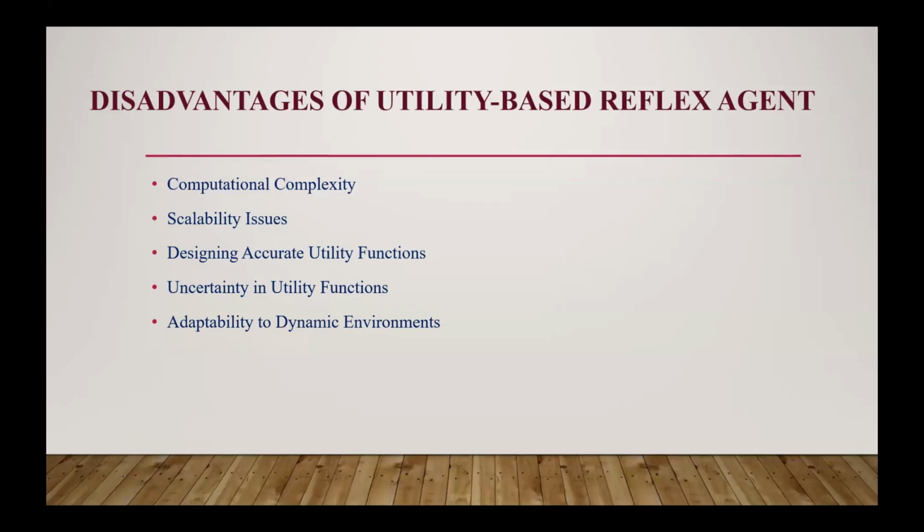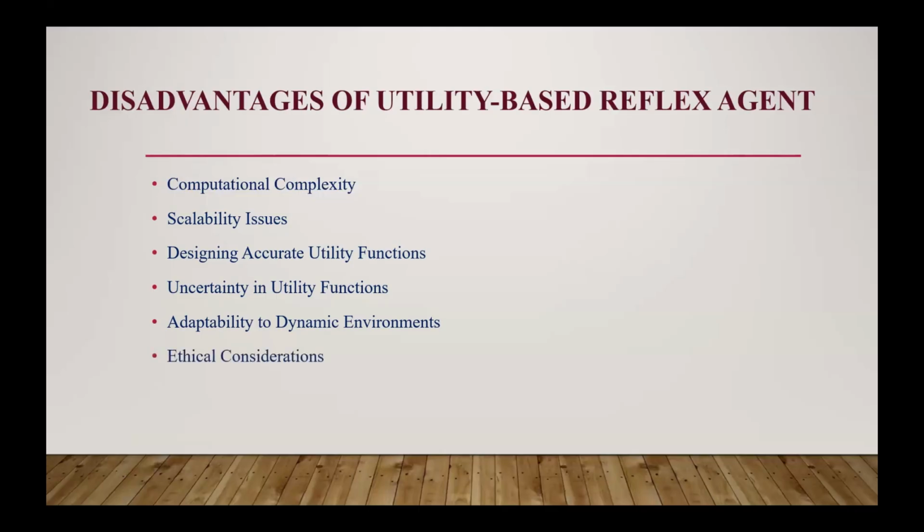For instance, a utility-based agent managing a supply chain might need to quickly adapt to sudden changes in demand, supplier issues, or transportation disturbances. Developing agents that can handle such dynamic environments efficiently remains a significant challenge.